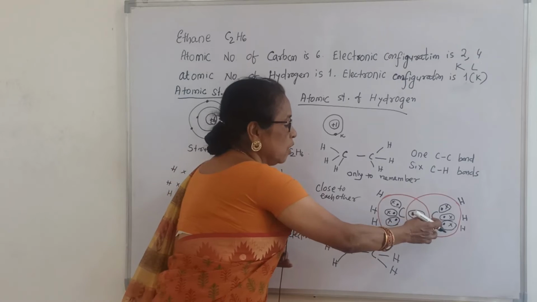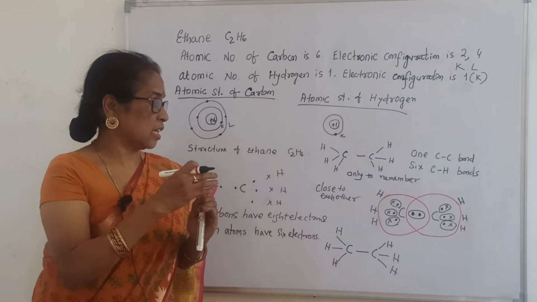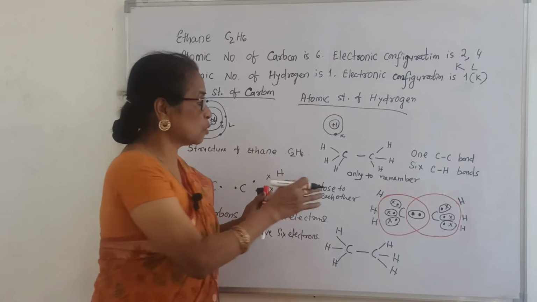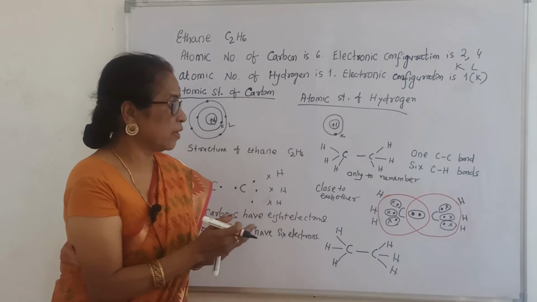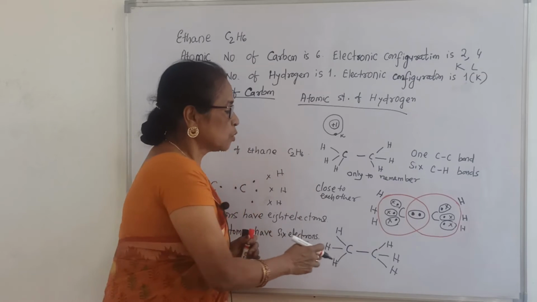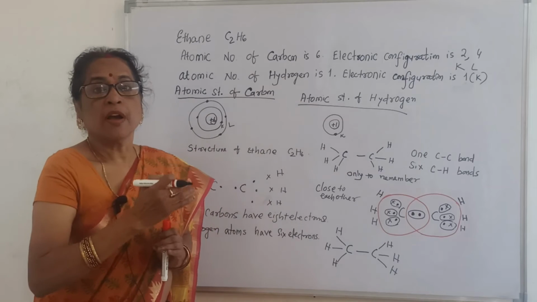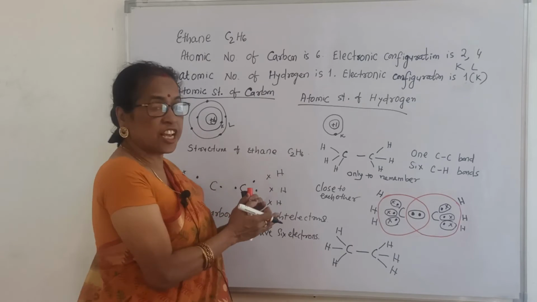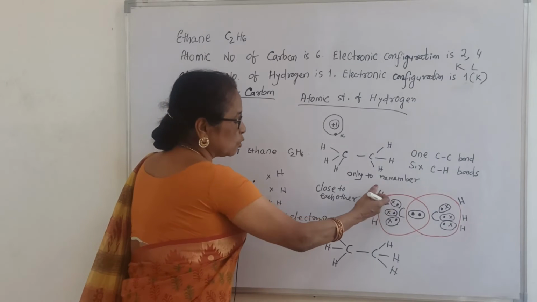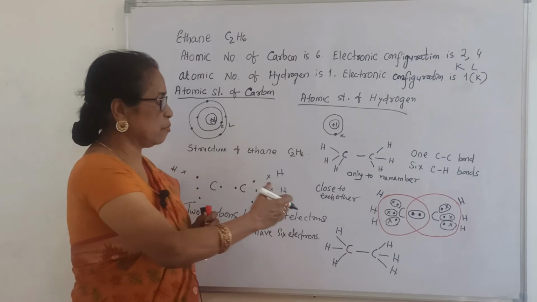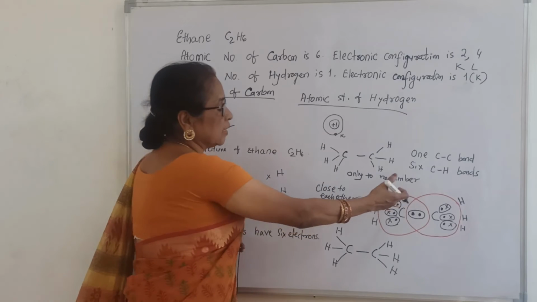This side also, this carbon's electron comes close to the hydrogen electron and tries to share the pair of electrons for a covalent bond. So here how many? C-H, C-H, C-H. 3 pairs of electrons are shared and form covalent bonds. So this side you can find 3 covalent bonds, and the right side also 3 bonds.